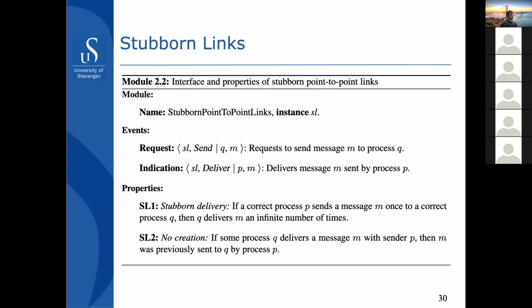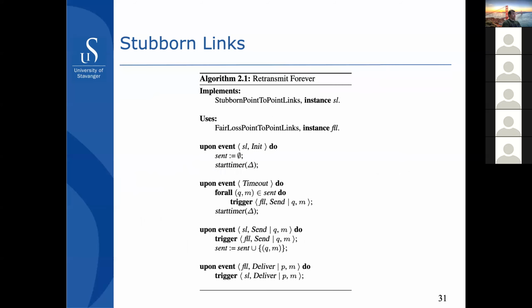If a correct process P sends a message M once, so here we are talking that we are only sending a message one time, then the process Q delivers M an infinite number of times. So with this algorithm, we can see that we only need to send our message one time, and the process Q will receive it at least once, or it will actually receive it an infinite number of times.